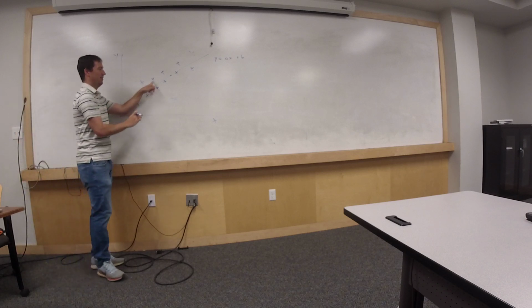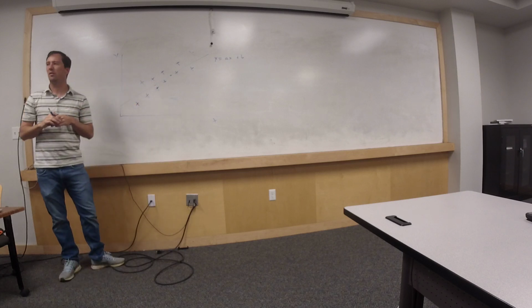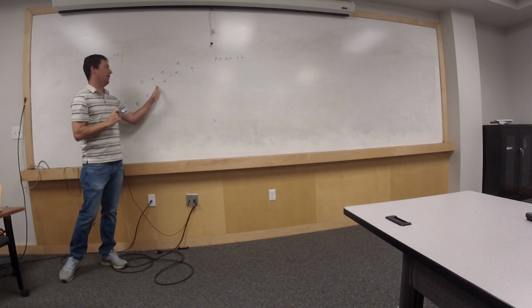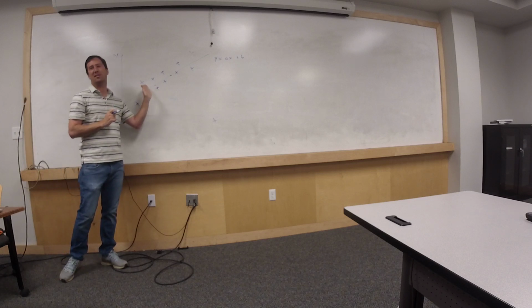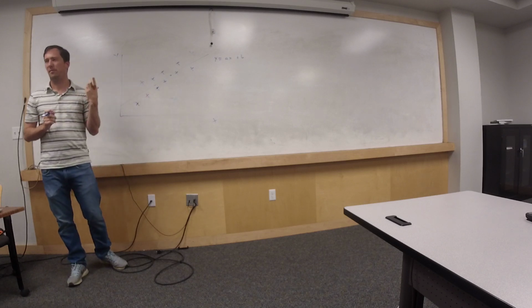So projecting onto the line is too much. I don't really want to have to deal with the x part of the distance, if that makes sense. So I'll just look at the y part.